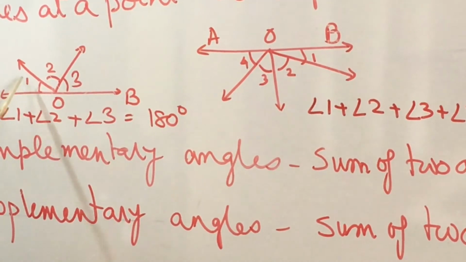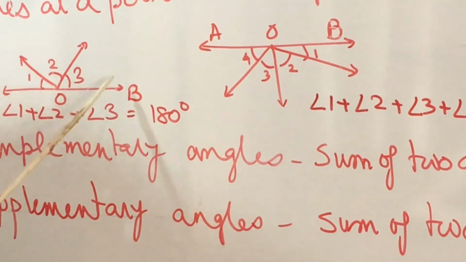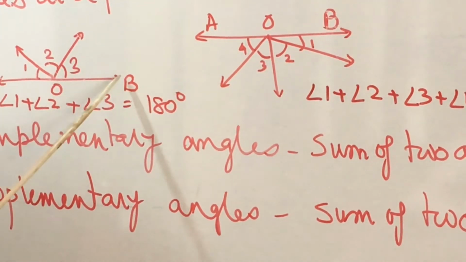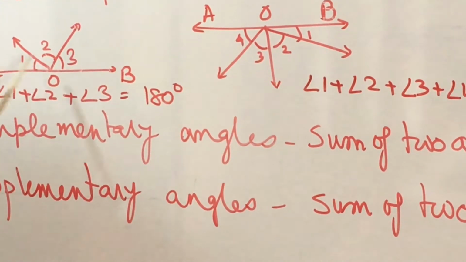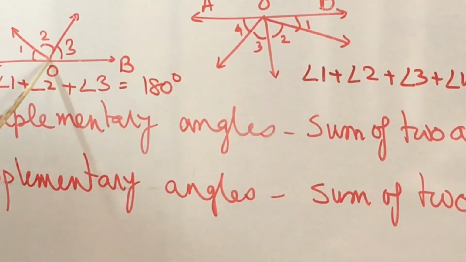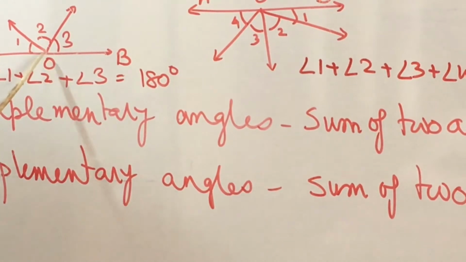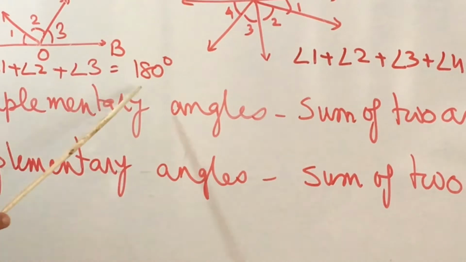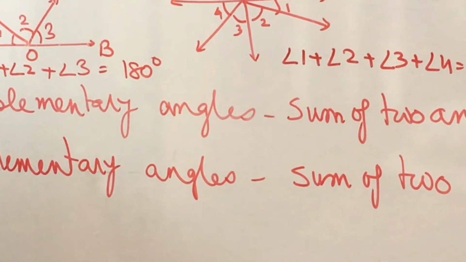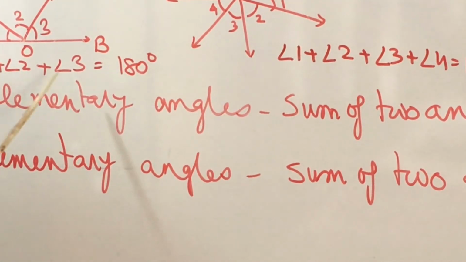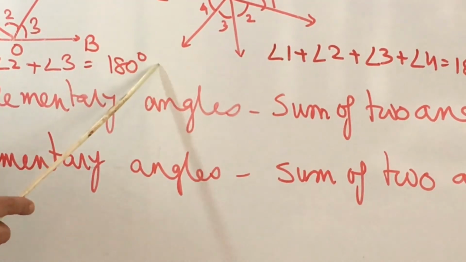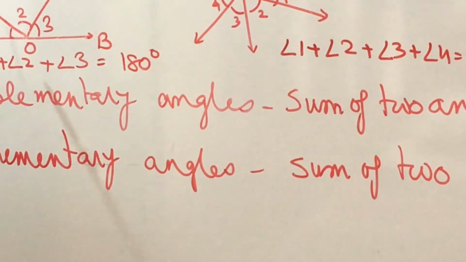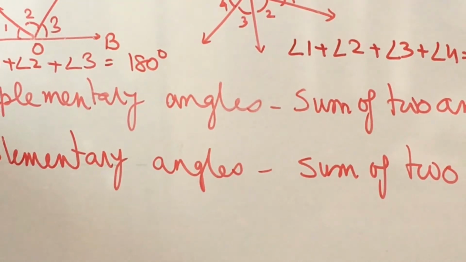Now angle 1, angle 2 and angle 3, all of them are lying on the straight angle AOB, and they have a common vertex O. Now all these three angles sum up to 180 degrees. Angle 1 plus angle 2 plus angle 3 is equal to 180 degrees. On one side of the line, their sum will be equal to 180 degrees.